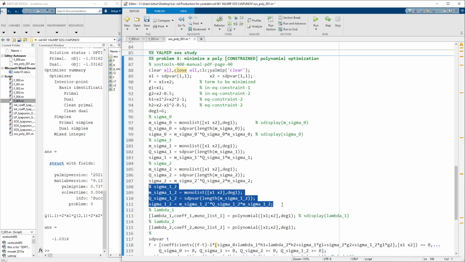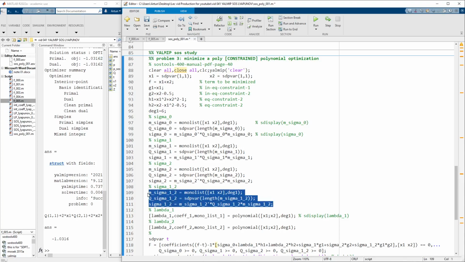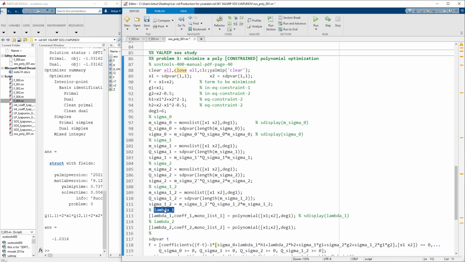Whenever you have an SOS polynomial that you need to find, you use those three lines to initiate it. And here recall we also have lambda 1 and lambda 2 polynomials. Notice they are not SOS polynomials, they are just polynomials.